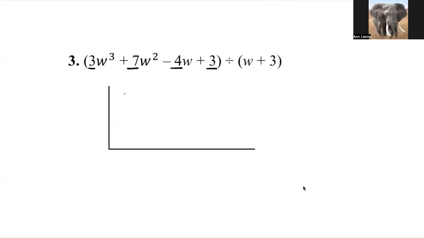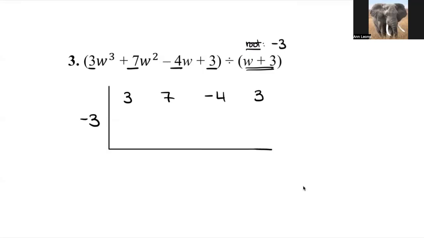Next, I'm going to find the root of my divisor, which is whatever makes it equal to 0. That will be -3. I'm going to put that -3 on the outside of my L.